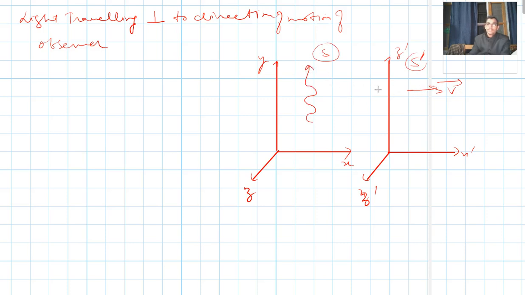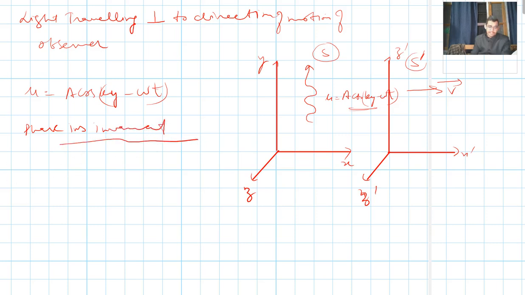It is represented by u equal to a cos of ky minus omega t. Due to the phase invariance, in both frames of reference k y minus omega t must be equal to k prime y prime minus omega prime t prime.